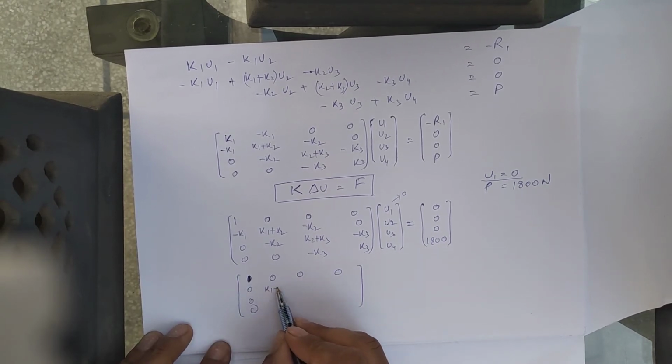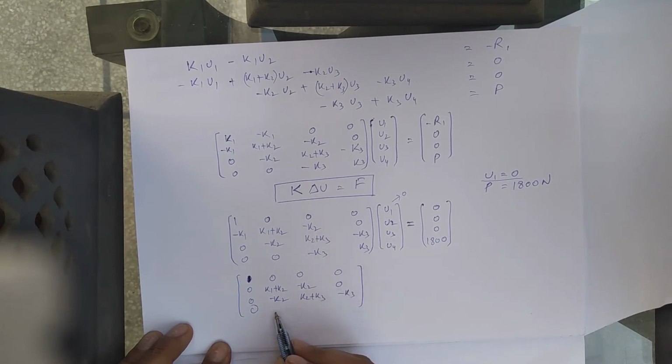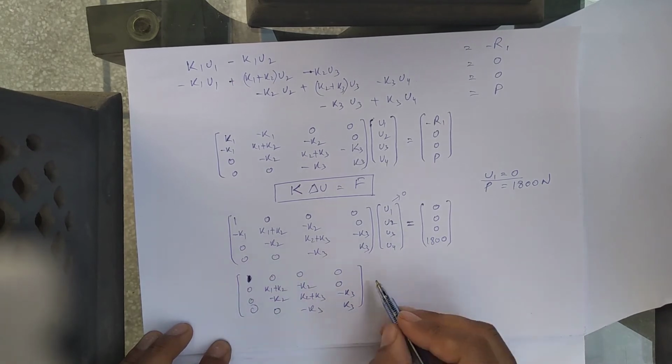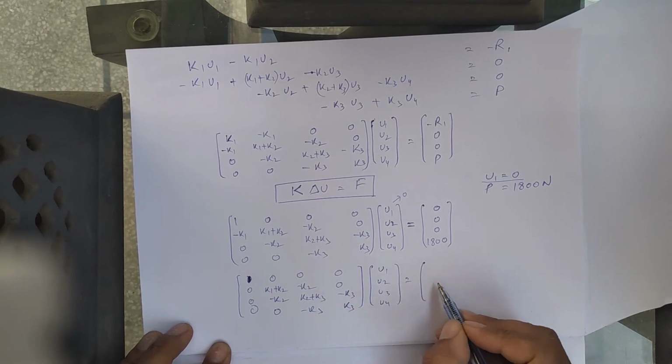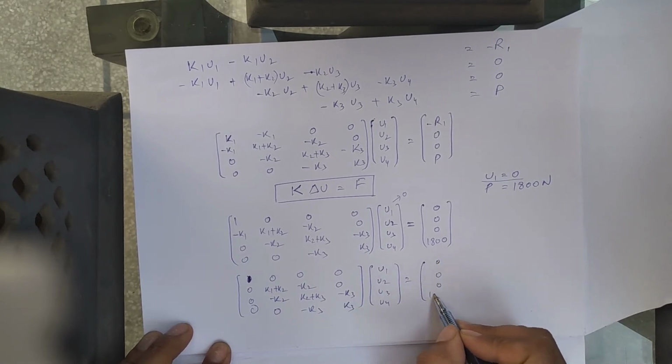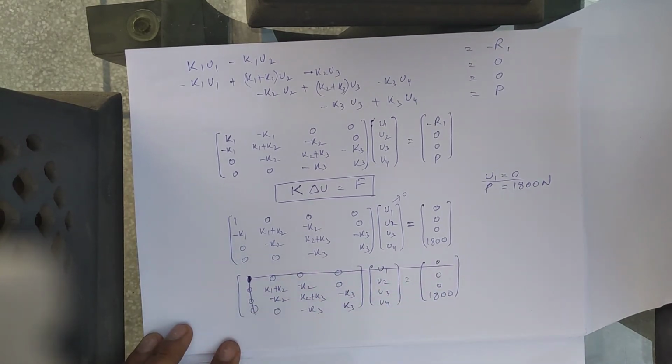So K1 plus K2, minus K2, 0, minus K2 plus K3, minus K3, 0, minus K3 and K3. So it is U1, U2, U3, U4 equal to 0, 0, 0 and 1800. So we can cancel out this whole row and this whole column.